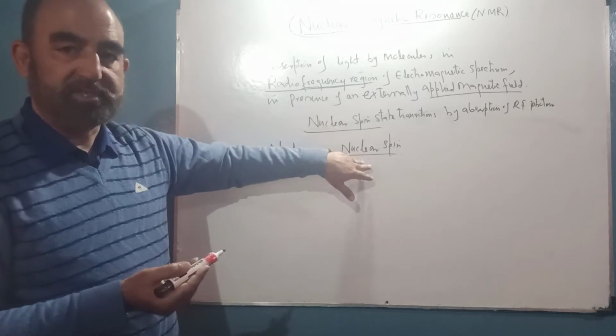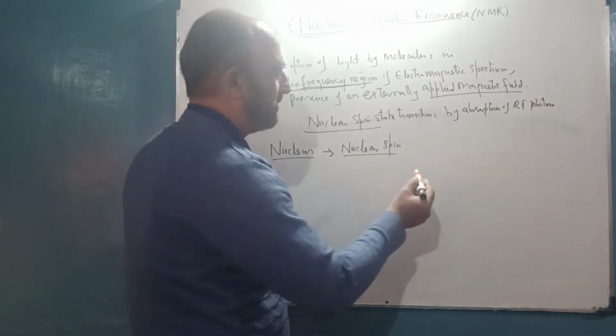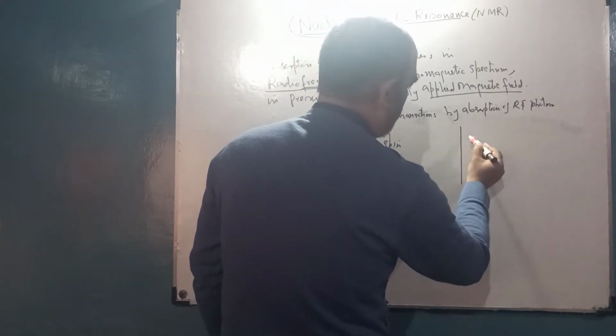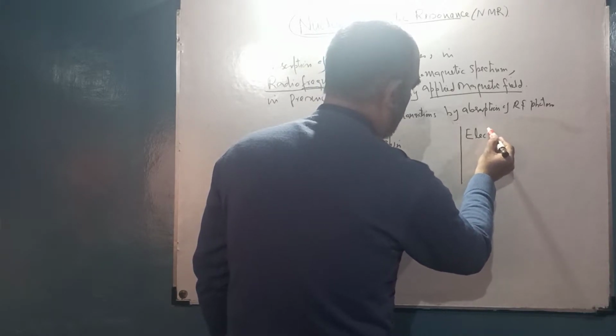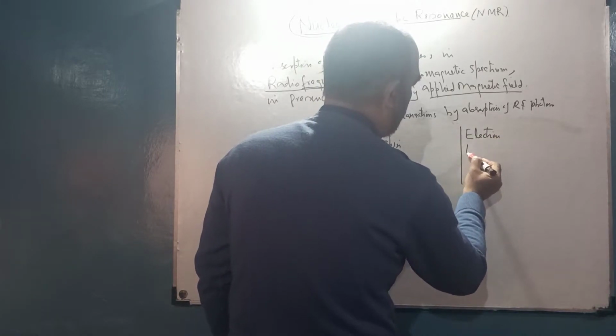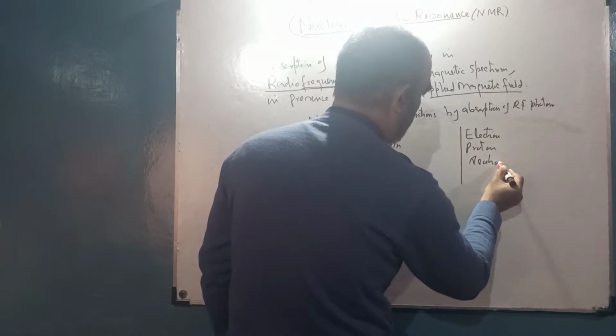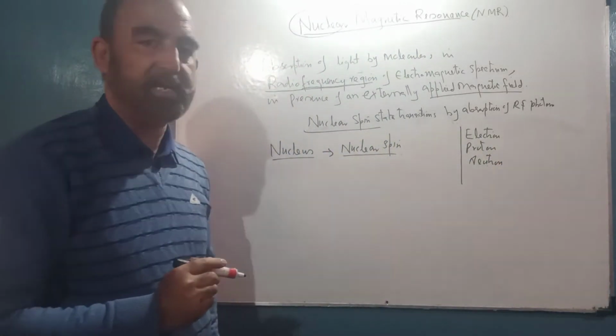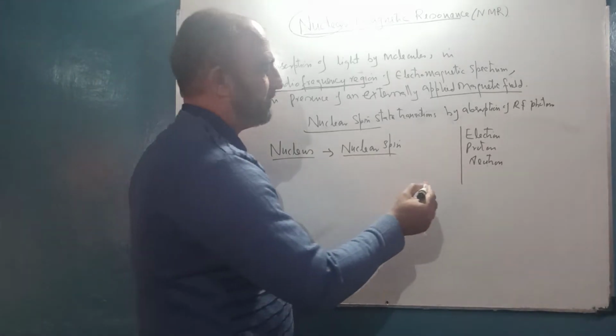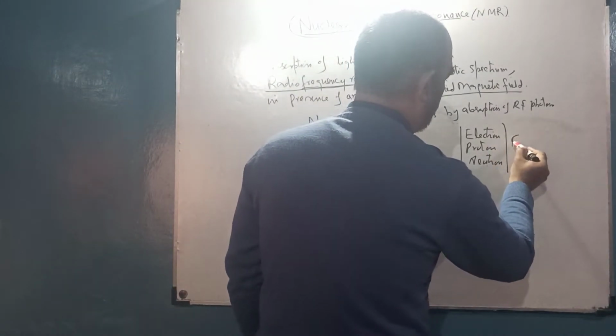Now before coming to this spin, I talk about the fundamental particles. Say we talk about the electron, proton and neutron. These are the elementary particles, and this class of particles falls in what we call fermions.